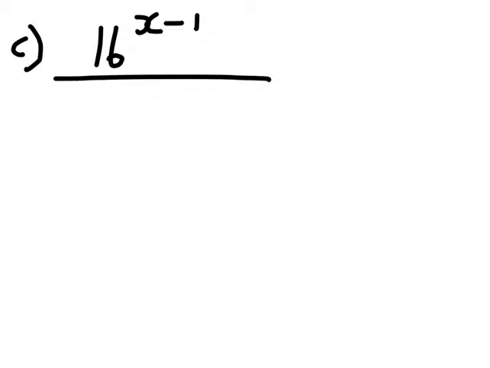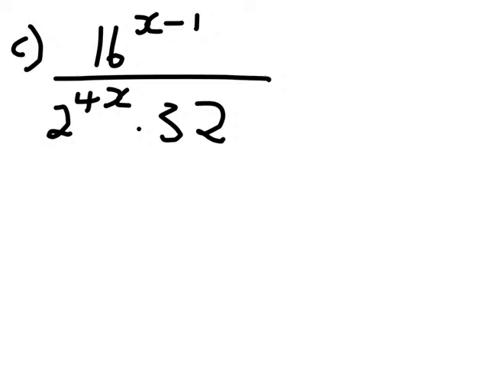Let's look at this example, example C, where you are given 16 to the exponent of x minus 1, divided by 2 to the exponent of 4x, multiplying 32. Where are we going to start?